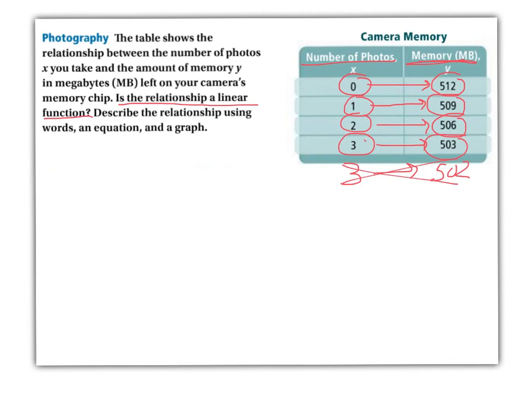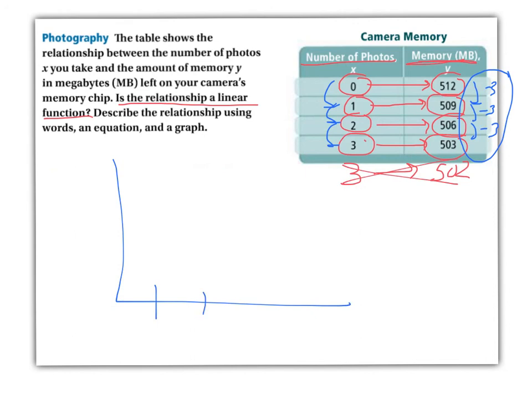If you write an equation, you'll start to see what equations look like as linear functions. But for now, if you just see that this is going up by 1 each time, and this is going down by 3 each time, minus 3, minus 3, minus 3. As long as these y values are changing by the same amount, you can imagine what it would look like on a graph. You have 0, 1, 2, 3.